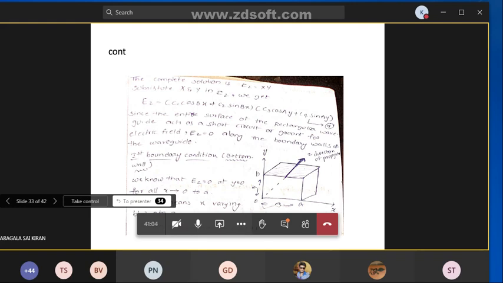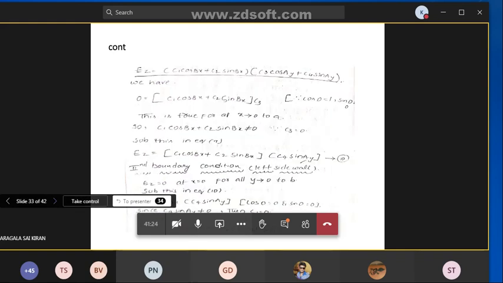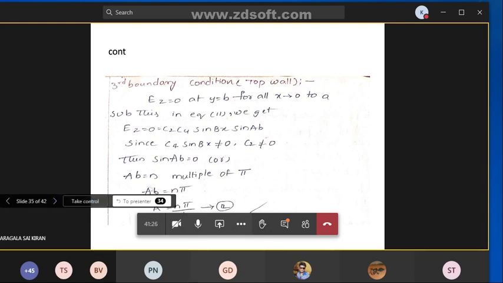So substitute the third boundary condition, Ez equal to 0 at y equal to b for all x from 0 to a, in equation 11.